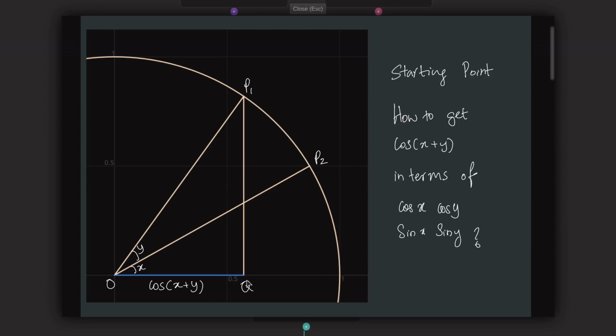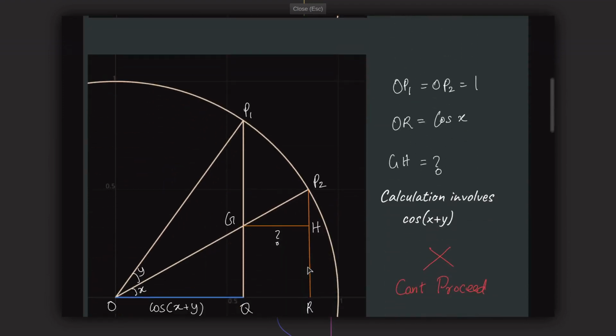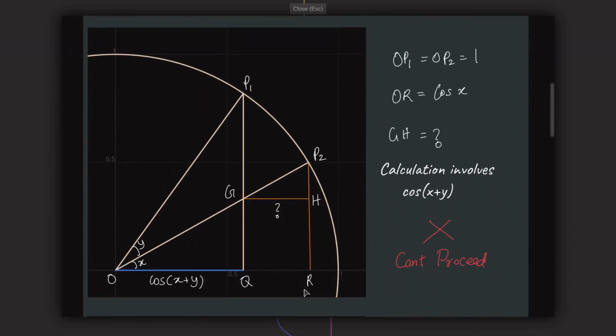Now, how do we get to this point Q, which is the point corresponding to P1 on the x-axis? How do we get this Q based on the other known points here? So let's drop a perpendicular from P2 to the x-axis, and it will reach the point R, and we can see that OR is cos x.